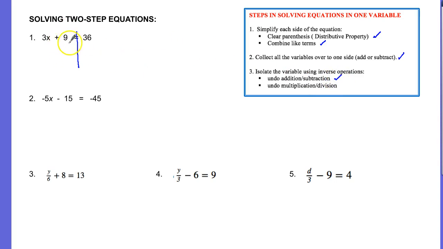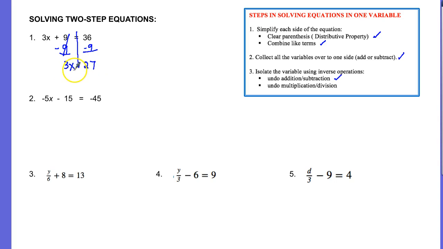So to cancel 9, you have to undo addition, in which case you will subtract 9 from both sides. So 9 minus 9, that's 0, cancels. And then on the left side, you only have 3x. On the right side, 36 minus 9 is 27. And now you have 3x equals 27.